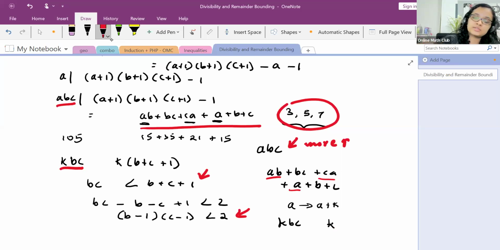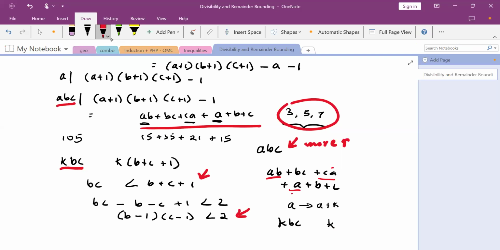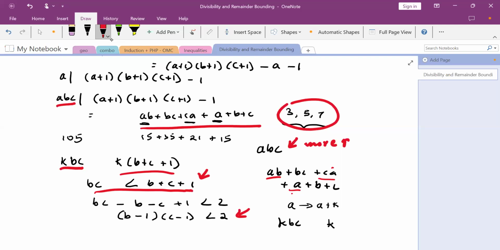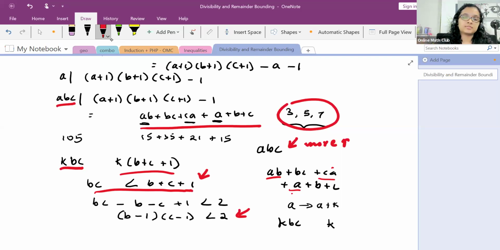So this would increase by KB, this would increase by KC, and this would increase by K, if you're increasing A by K. Yeah, like terms are increasing on both sides. Now the increase on the left side is KBC, the increase on the right side is this thing. And now I just want to prove that this cannot be possible. Does that make sense? Yeah, so the LHS always increases. Okay.